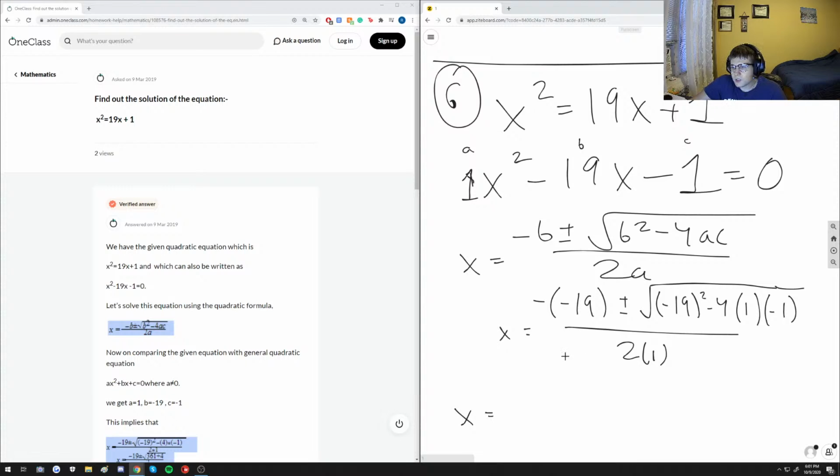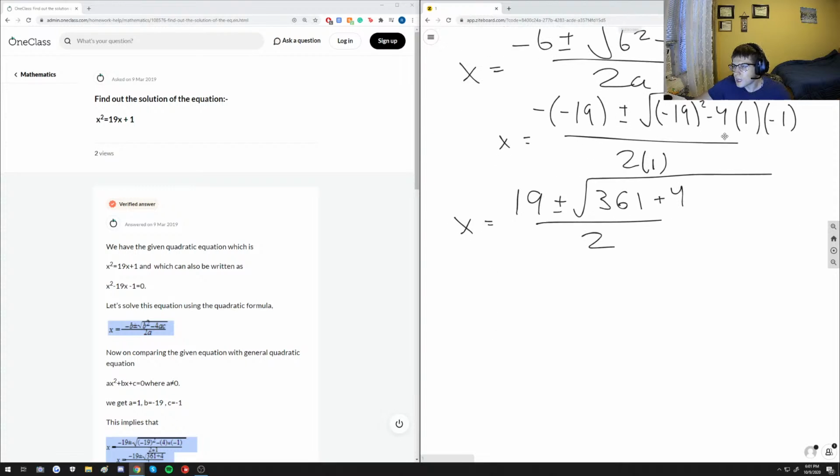So simplifying a little bit, negative 19 gives us 19 plus or minus the square root of 19 squared, which is 361, and then minus 1 times minus 4 is actually plus 4, over 2 times 1, which is 2.